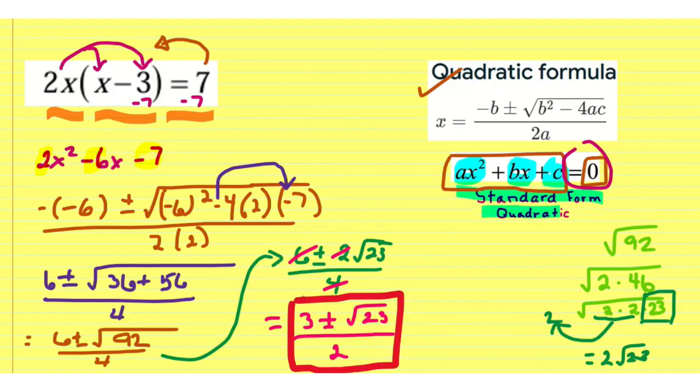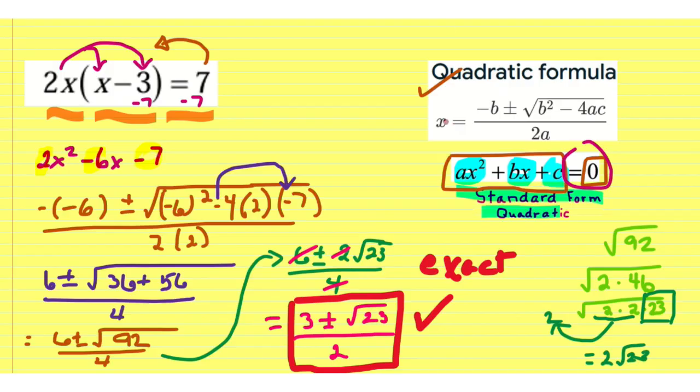And of course, what you notice with these quadratic formula answers we've been coming up with is that they contain messy decimals. Well, actually radicals, but those radicals are going to turn into messy decimals. So this is considered an exact answer if we leave the radicals in it. If we were to put it into a calculator, we would get a big old decimal number with a lot of decimal places, but we would probably not be able to include all the decimal numbers, which means it would not be exact.